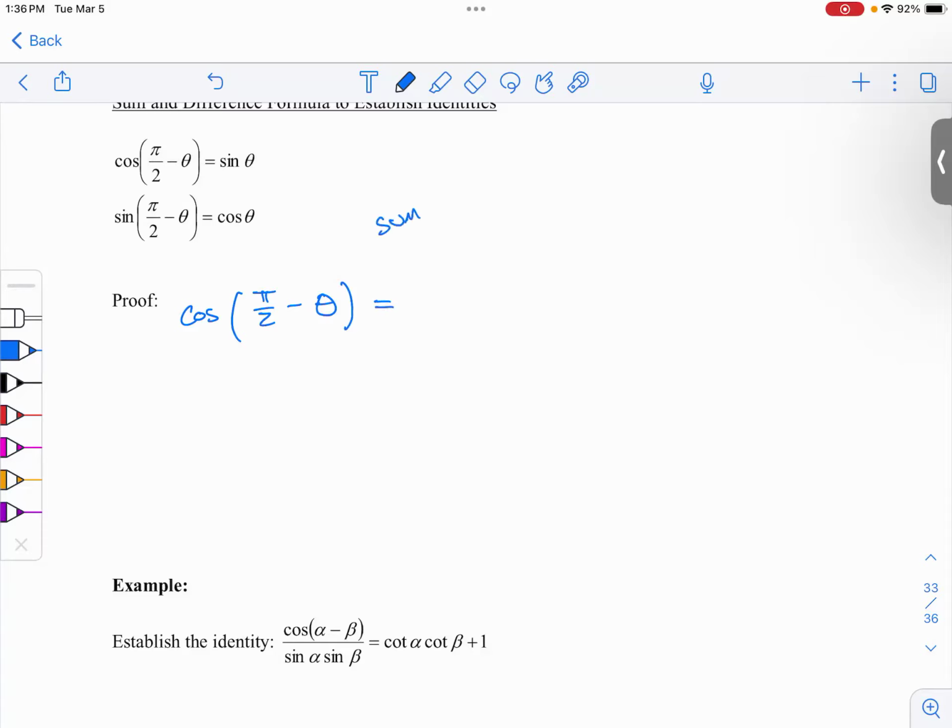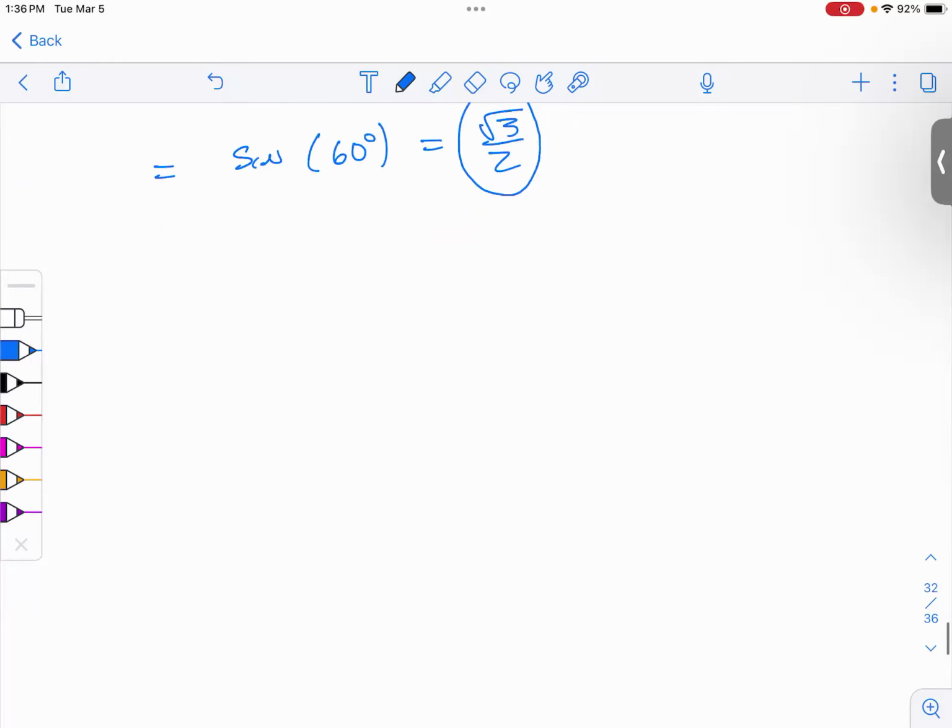Using these sum difference formulas, this becomes cosine of my first angle, cosine of my second angle, opposite sign because it's the cosine one.